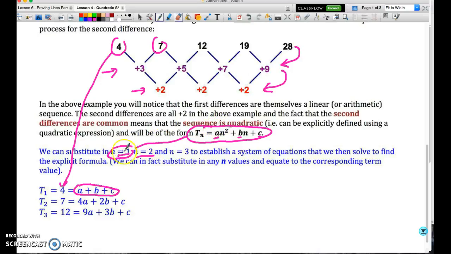Obviously it's logical to use the smaller values just because it results in slightly less work for us, and it's slightly more efficient, but it doesn't really make any difference. So what I'm going to do now is solve this system of 3 equations with 3 unknowns. I'm going to pause for just a moment and do some of that off screen, and then I'll come back to the answer.